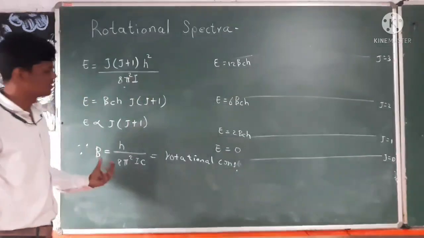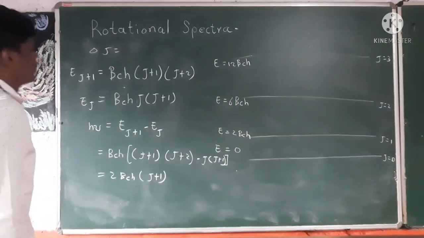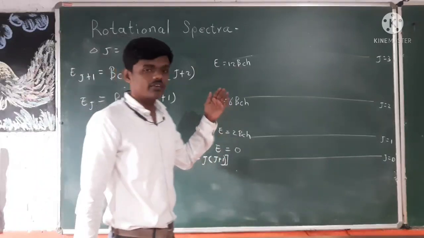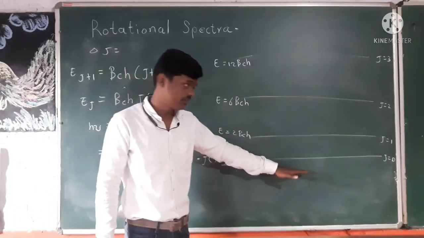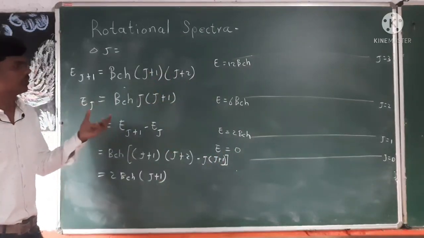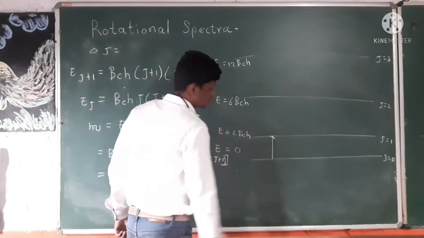So this is rotational spectra. Here, to get rotational spectra, we need a transition. When the molecule absorbs energy, it will go to a higher energy state.